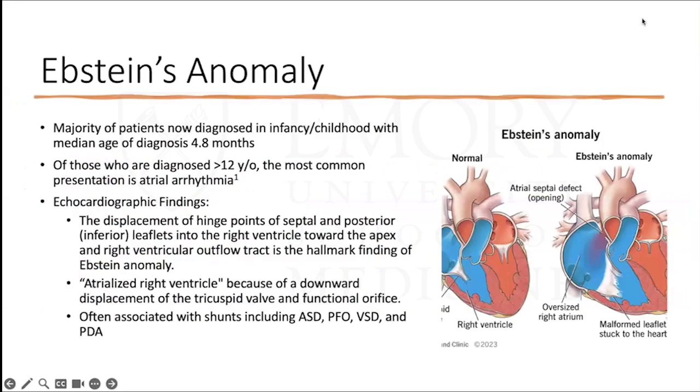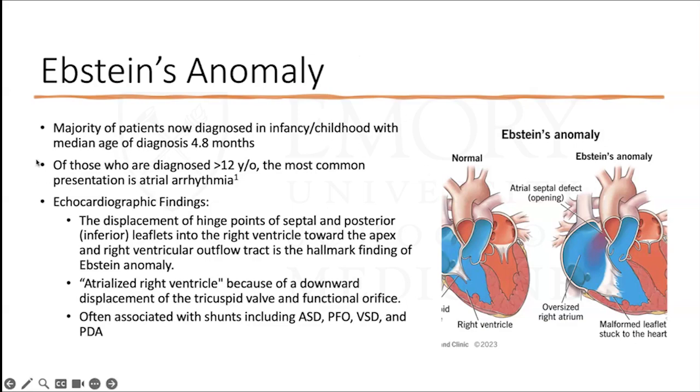So let's talk. I'm not going to talk a lot about Epstein's anomaly. That's not the focus of this talk and could be an entire talk in and of itself. But as we are all commonly aware, this is a congenital disease of childhood, and nowadays, since 2000, the majority of patients are diagnosed in infancy and childhood with a median age at diagnosis of 4.8 months. A lot of these children can be diagnosed even in utero, but often will be diagnosed within the first year of life.